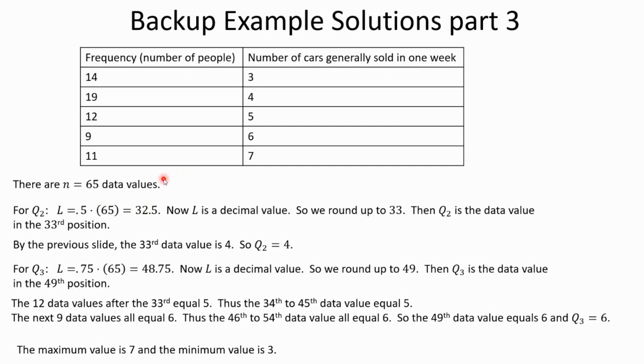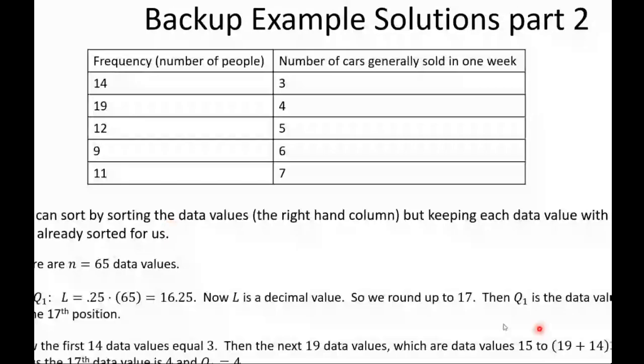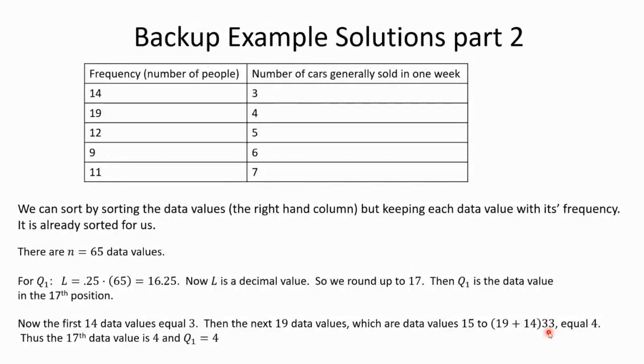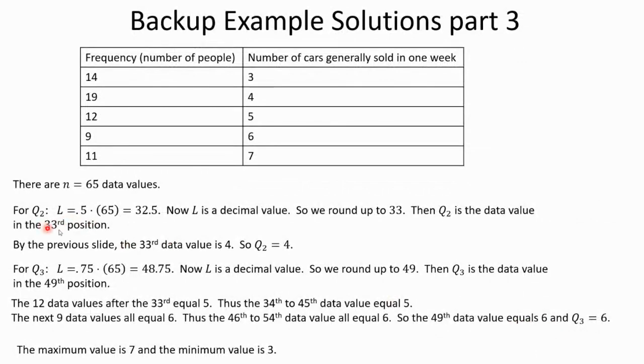Now Q2, the median, is going to be the data value in the 33rd position. Well, from down here, we saw that that is 4. And because it's 4, that tells us the median Q2 is 4. 4 is the data value in the 33rd position. All right, that's good.